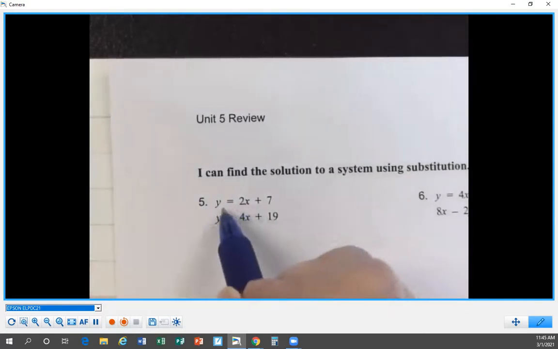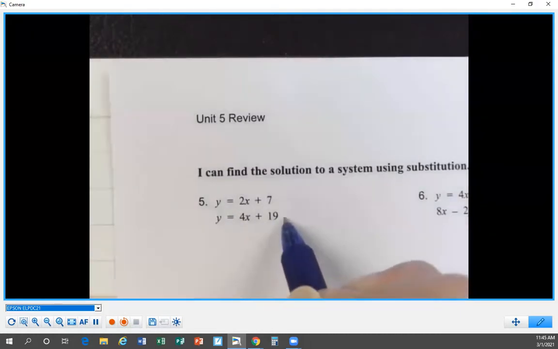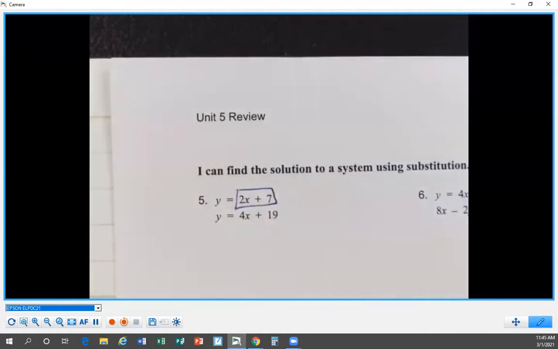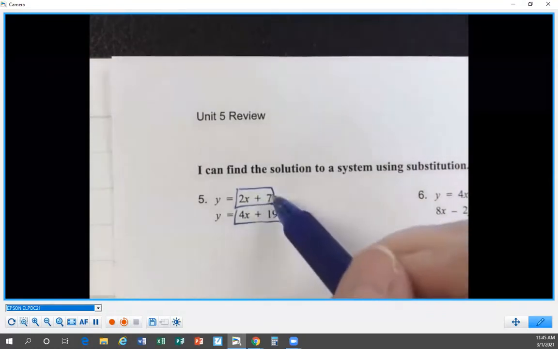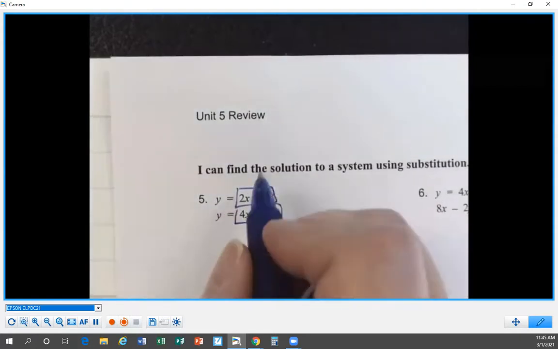If y is equal to 2x plus 7 and y is equal to 4x plus 19, then this is equal to that. Remember that from the very beginning of the unit.